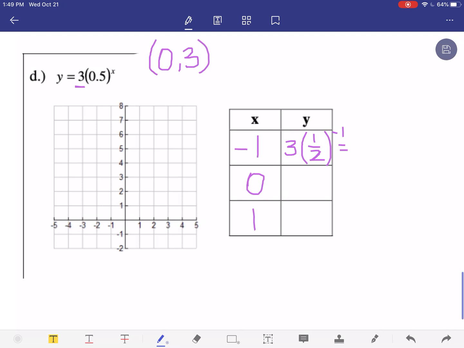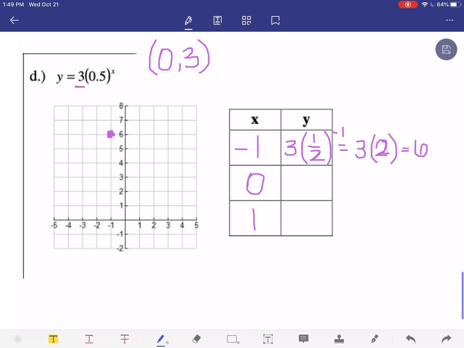It means to flip it over like a reciprocal. If I flip 1/2 over, I get 2. So the reciprocal of 1/2 is 2. So 3 times 2 is 6. So my ordered pair there, we get -1 and 6. Okay, plot that, -1, 6.